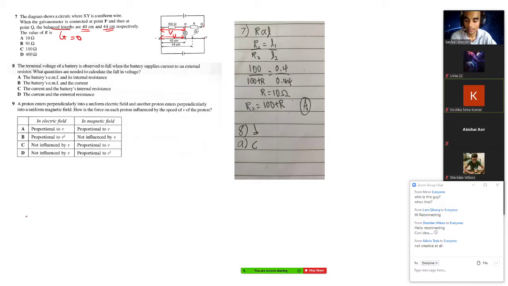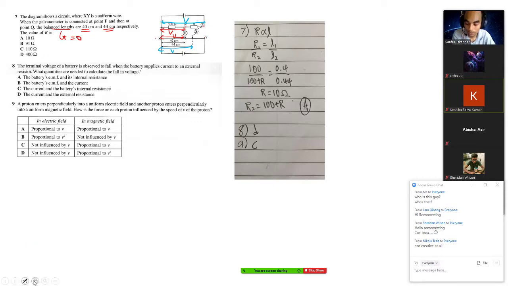Later when the galvanometer changes position, this V is the same as this V. It means the resistance of the blue wire equals 100 plus R, and we don't know how much R is.